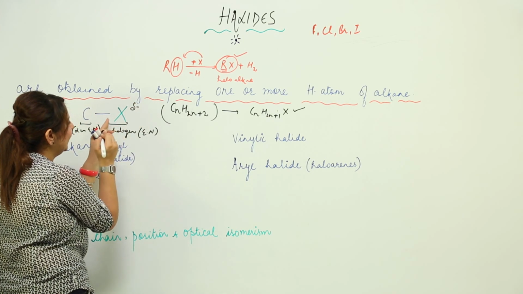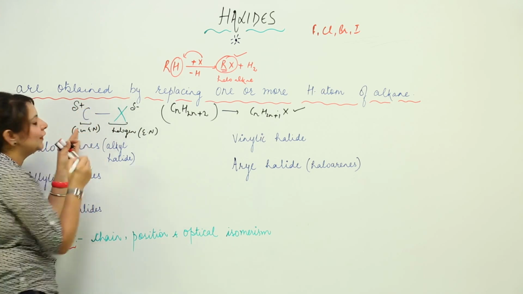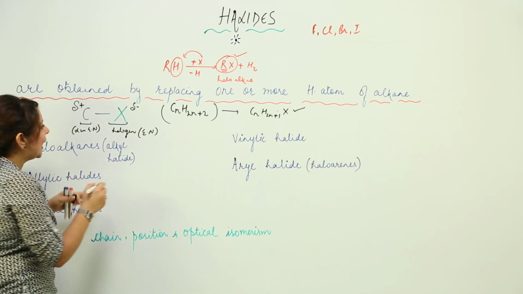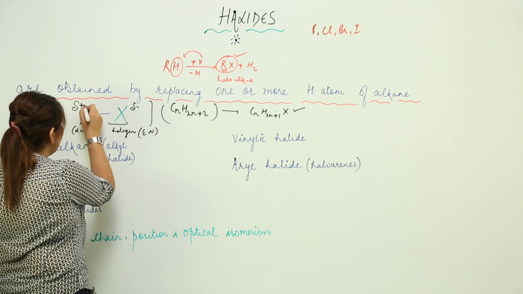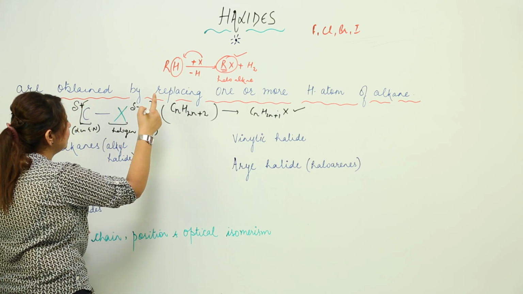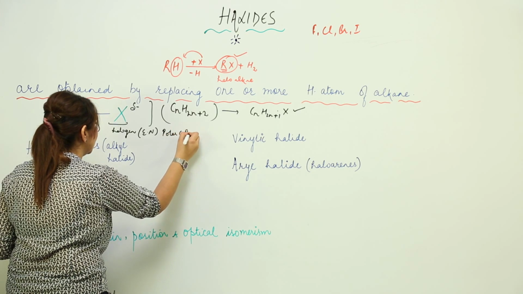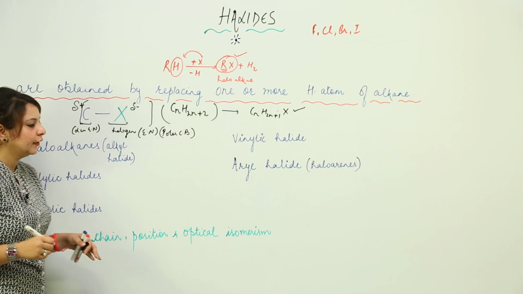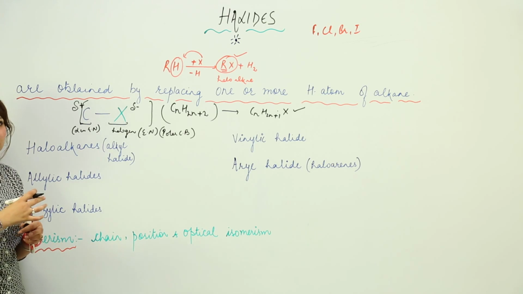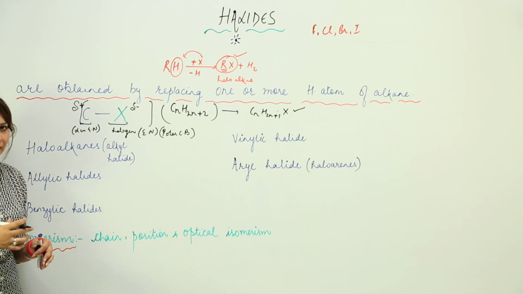As a result it gets a partial negative charge and the carbon gets a partial positive charge. So the bond between R and the halogen is a polar covalent bond, which means it has a dipole interaction in it.